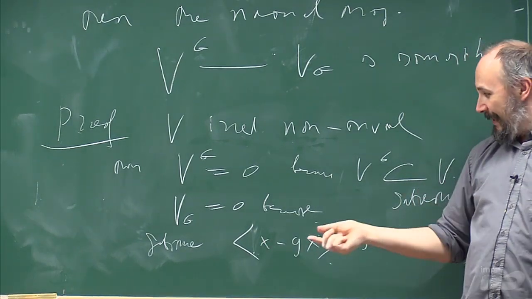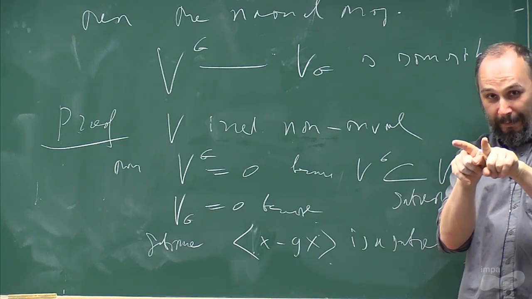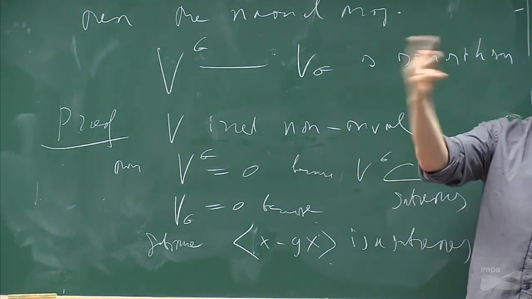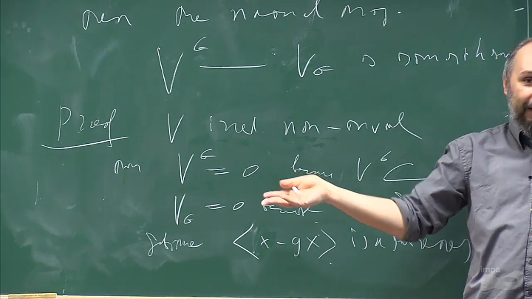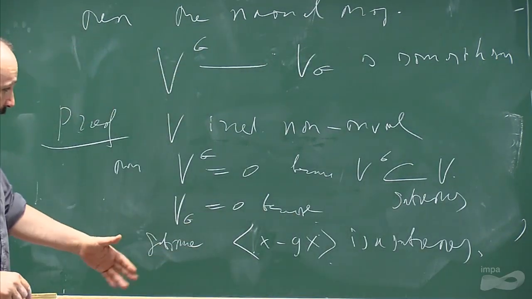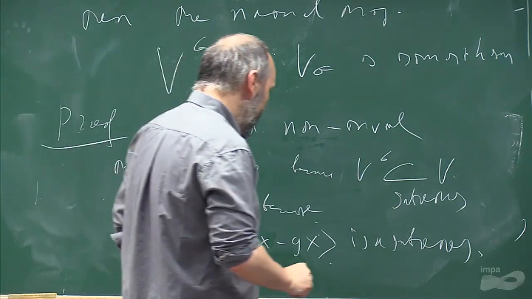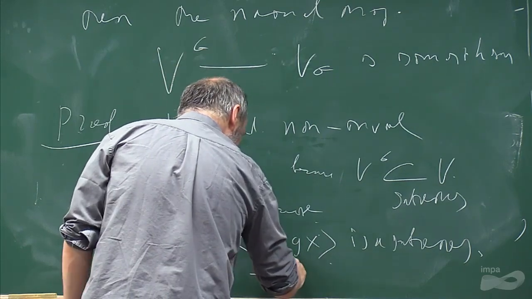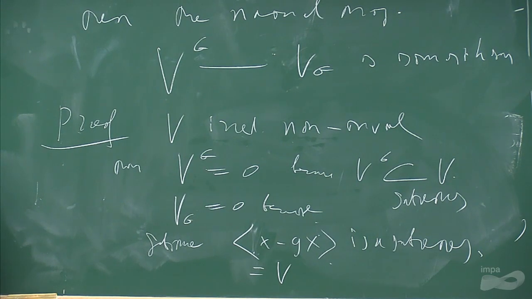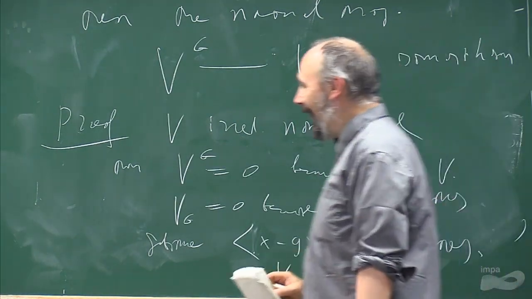As you said, this is the subspace generated by differences of vectors which live in the same orbit. Of course, if a group acts on its orbit, and you have two vectors in the same orbit, you shift them by the group action, they are again in the same orbit. So this is also a sub-representation, but it's non-trivial, because it's a non-trivial representation. So it should be everything. So this is equal to V. And then the co-invariants are also the trivial representation.